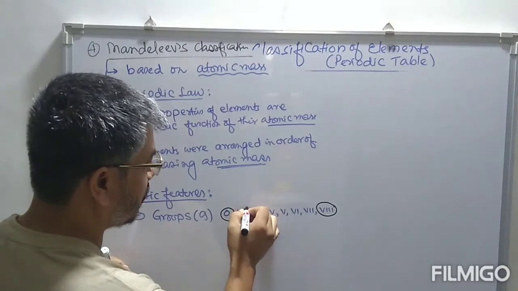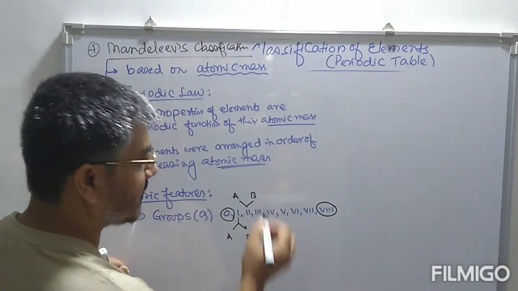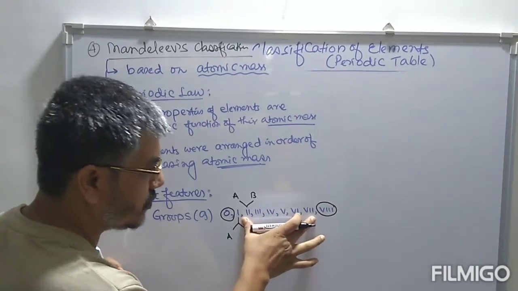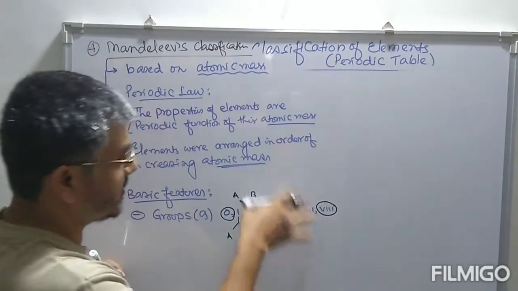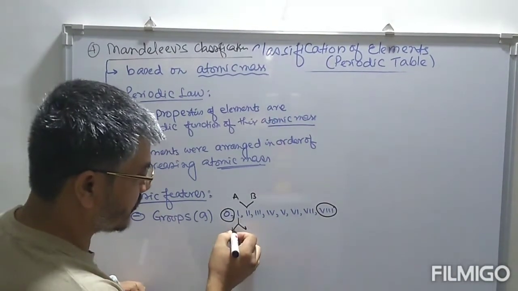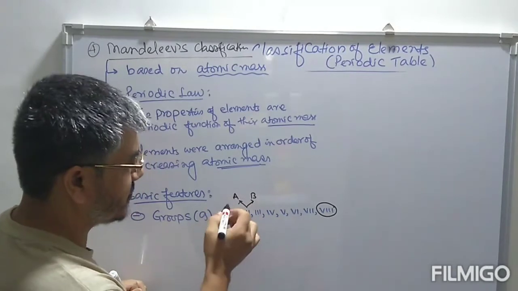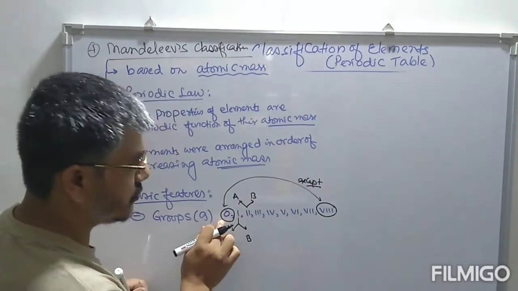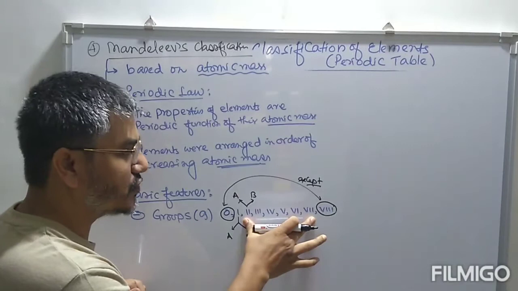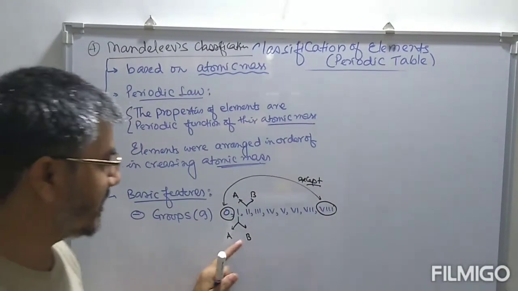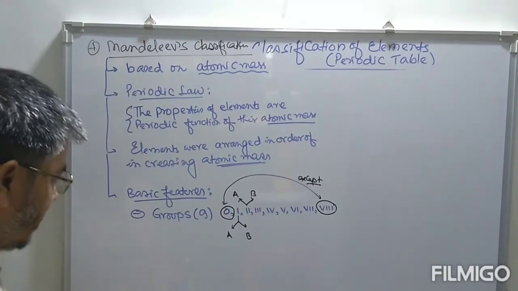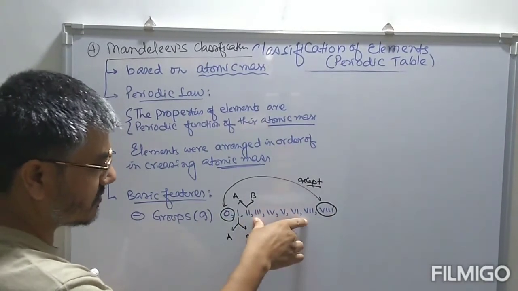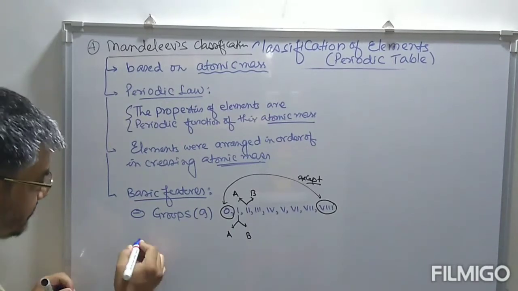Similarly, group 2 also contains subgroup A and subgroup B. So except the zero group and the 8 group, each group from 1 to 7 is subclassified into subgroup A and subgroup B.